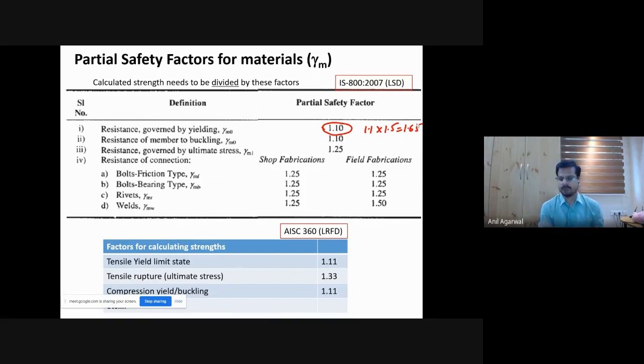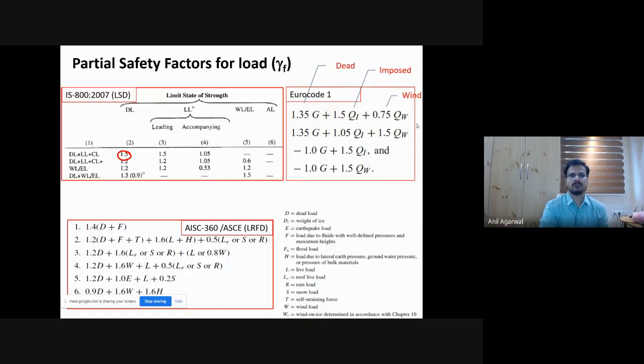So the way they have come up with these factors of 1.5, etc., is not necessarily based purely on science or actual observations of the probability distribution of these loads. What they have tried is to make sure that the designs which were safe based on the earlier version of IS 800 are still safe. So they have come up with these factors accordingly. But in future, these factors can be revised if more data becomes available.